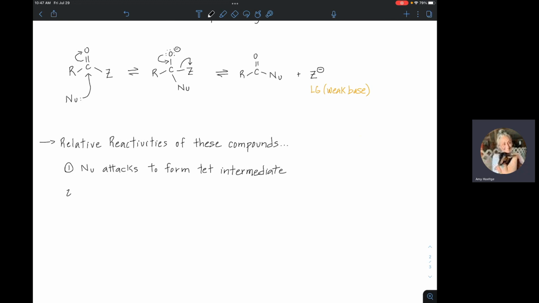The second thing that's going to happen is your tetrahedral intermediate is going to collapse, form the pi bond again. In other words, your leaving group will leave.